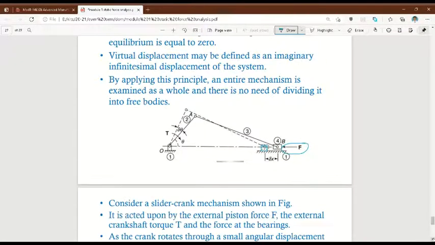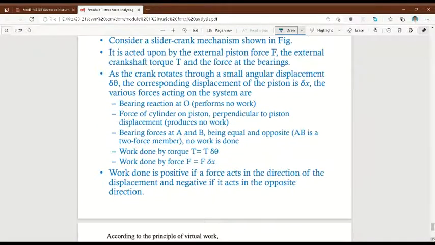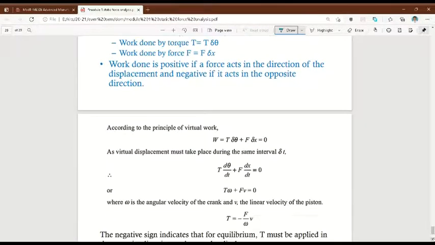For that we are going to do a small calculation. That calculation is the total torque acting in the mechanism plus the total external applied force. If we add them together, the answer will be zero.